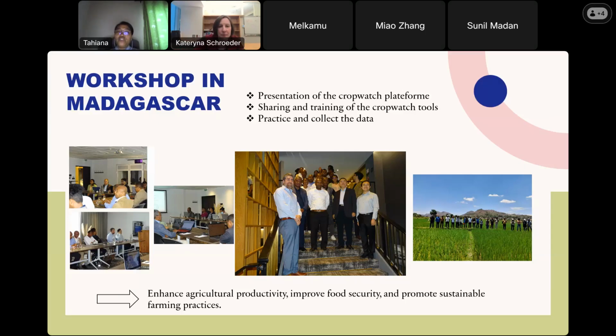So at least the participants felt it is very useful to use the CropWatch platform as long as they work.